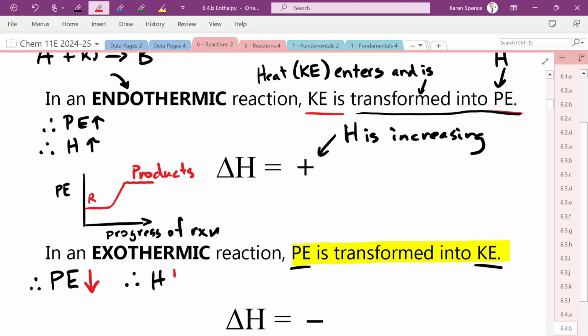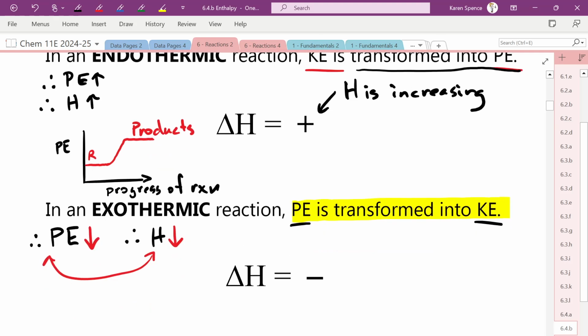Enthalpy decreases, because remember, these are, and I'm going to put it in quotes, the same, but they're not really the same. But we're going to pretend they're the same because that makes our life easy. Yes? Okay. So if we were to calculate the change in enthalpy, we would end up with a negative value. Yes? Because enthalpy is decreasing.